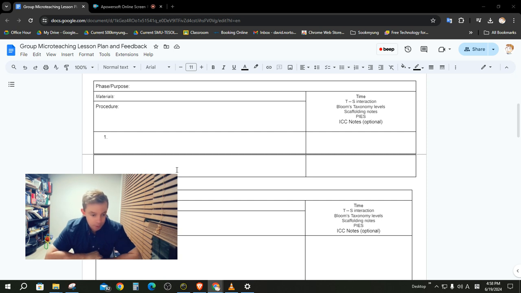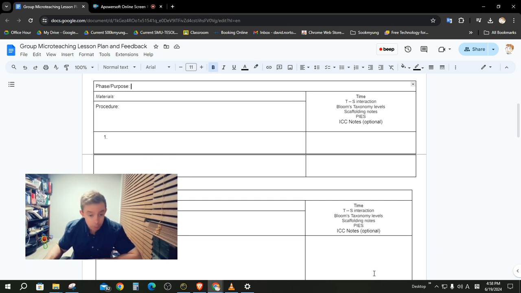Okay, speaking of manageable tasks, here I have your first field, this little table that says phase or purpose. You could also think of that as task, right? So if you're talking about purposes and it's an engage, study, activate kind of lesson, then on that first line, phase, purpose, you could just say engage, for example.